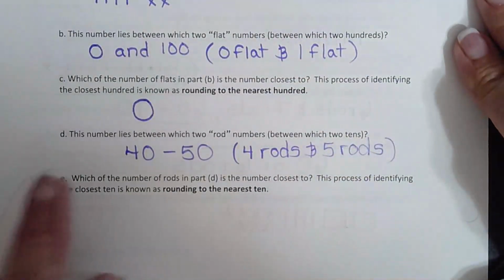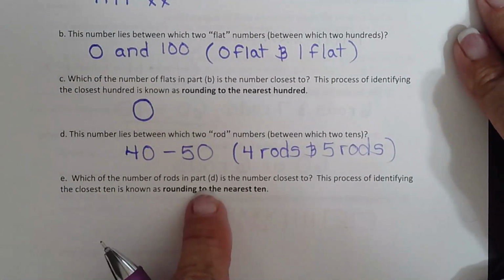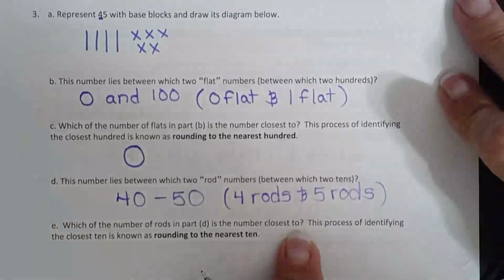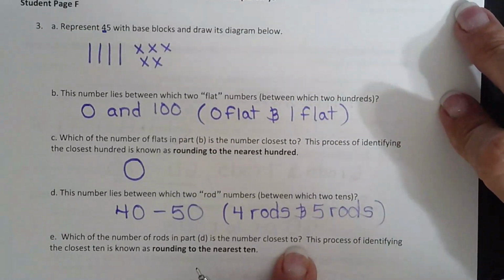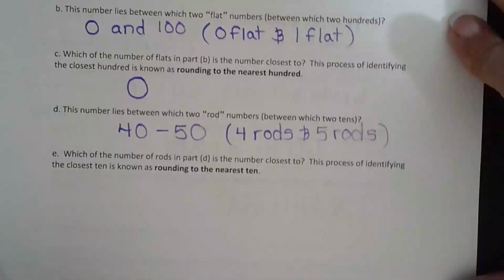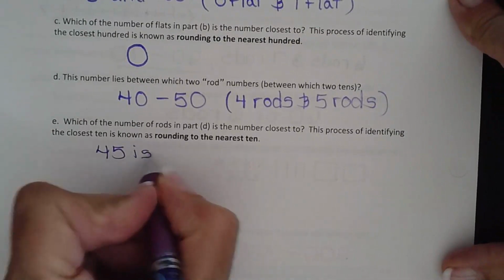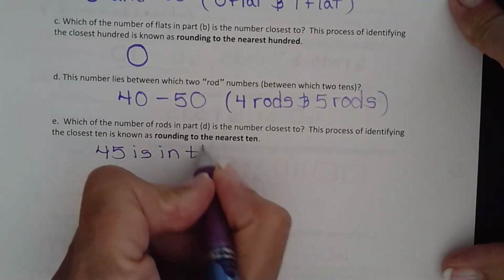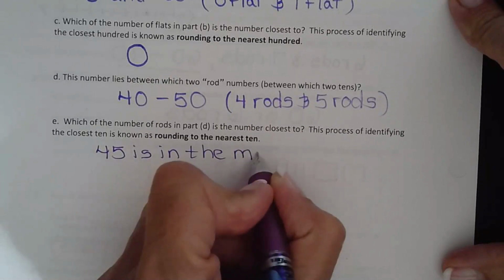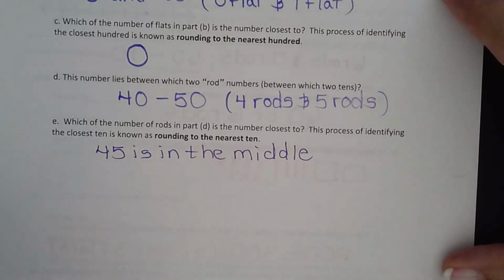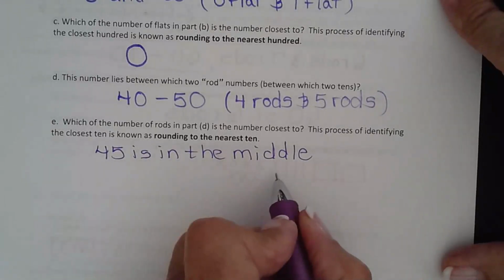Okay, now this one, which of the number of rods in part D is the number closest to? And that answer should be neither. It is right in the middle. So 45 is in the middle. But we learned in our rounding days that when it's in the middle, we always move it up. So it's not closer to either one.